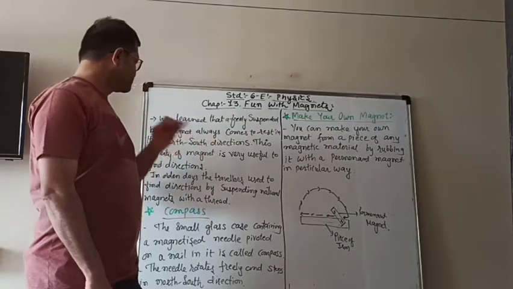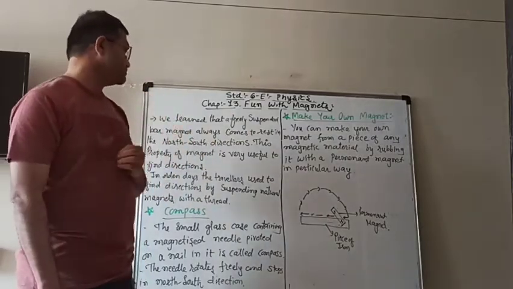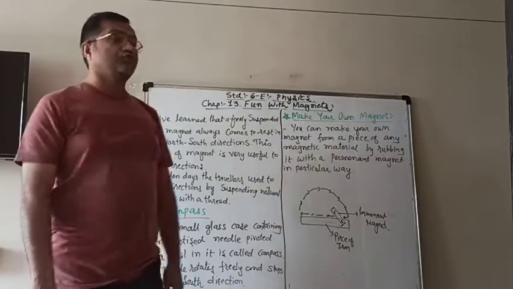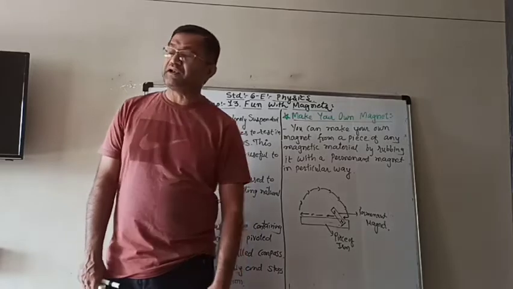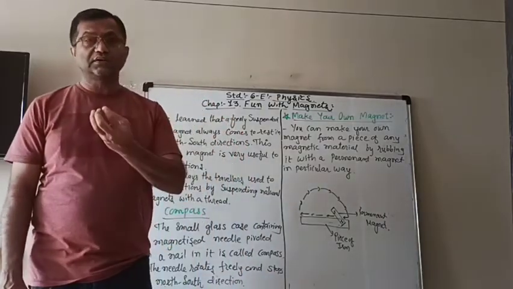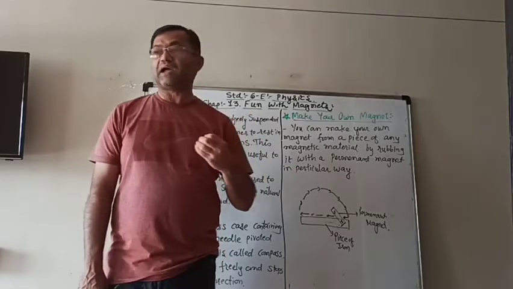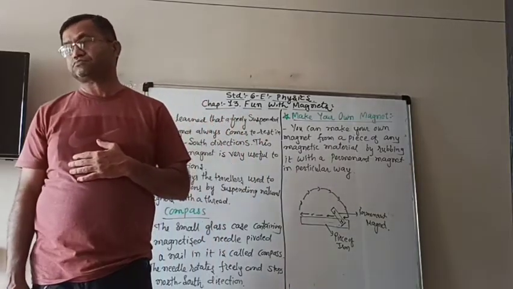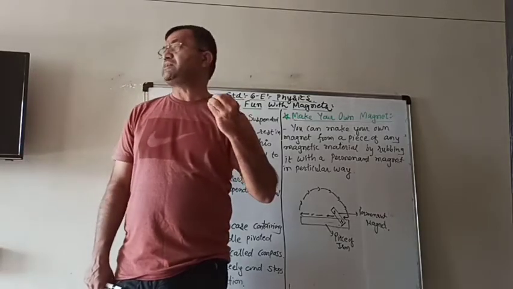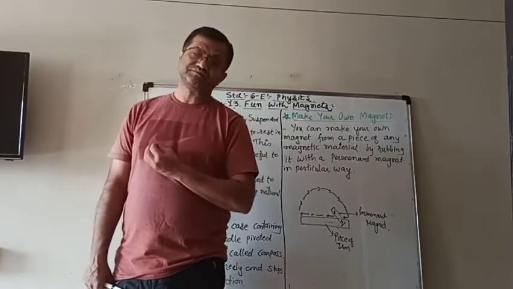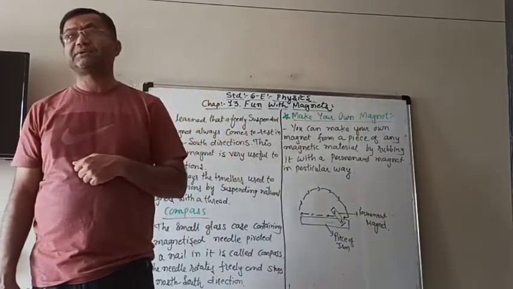Now this property of the magnet is very useful to find directions. Generally we know that there are four directions: east, west, north and south. Generally we find direction with the help of the sun, but that is not exactly predictable.